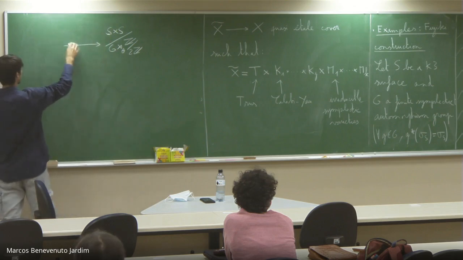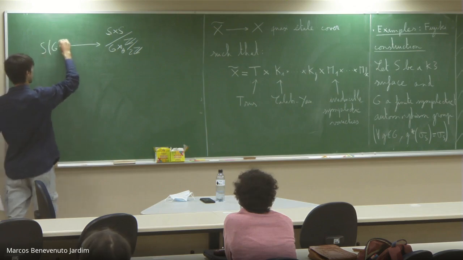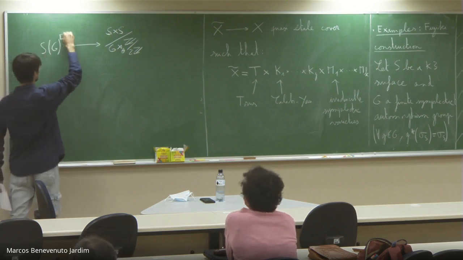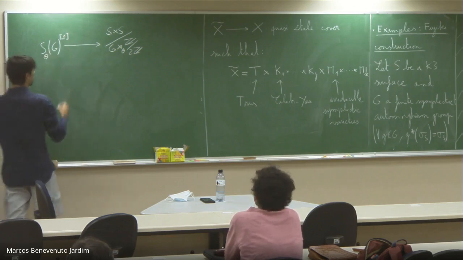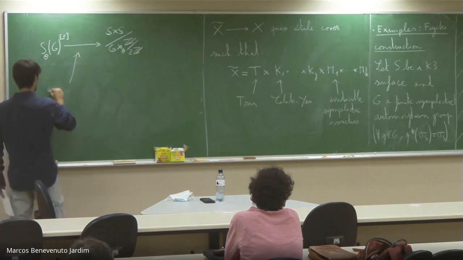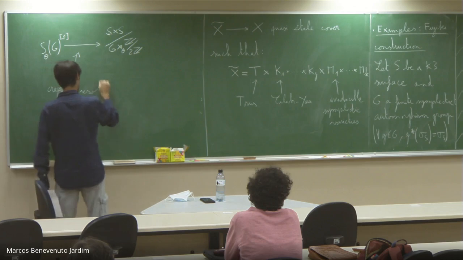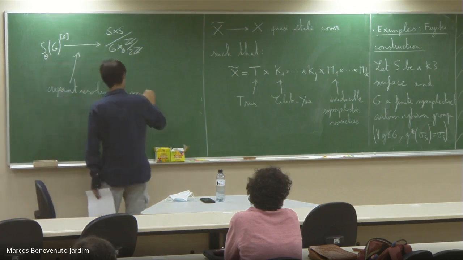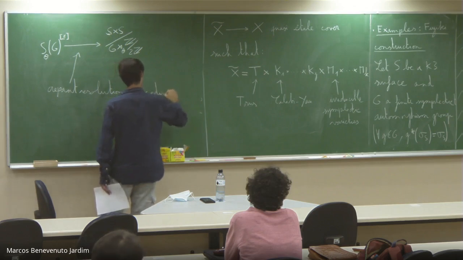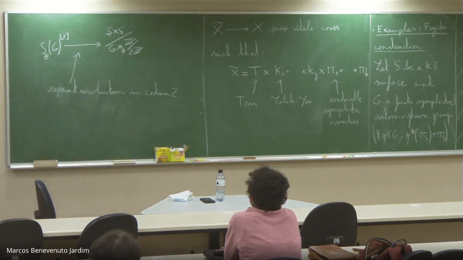Okay, and then I can take some partial resolution, that I will denote like that. This is what we call the crepant resolution in codimension 2. Now I will explain a bit more.